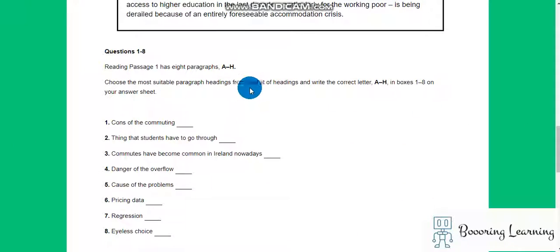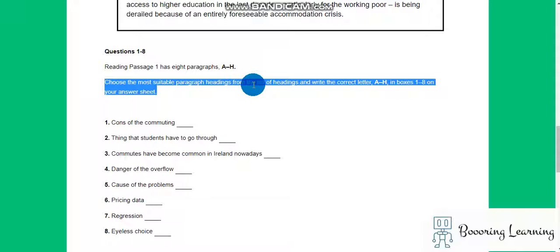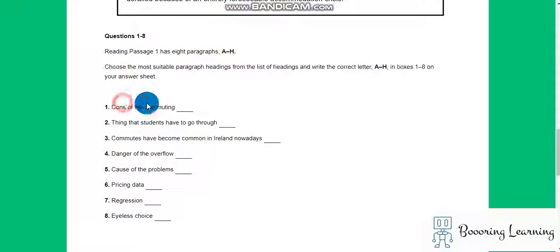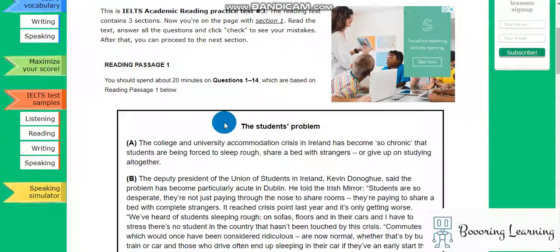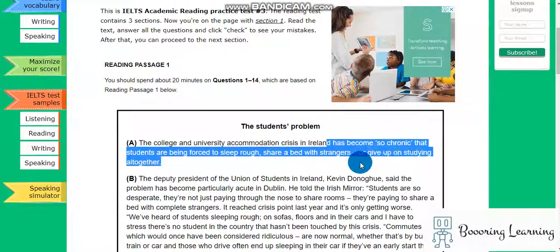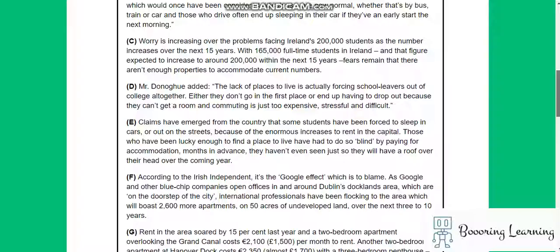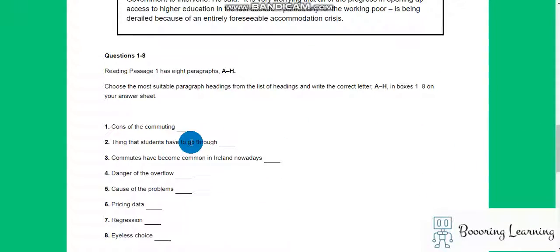Choose the most suitable paragraph headings from the list of headings and write the correct letter A to H in boxes 1 to 8. Okay, the first one: give up on studying altogether. Accommodation crisis. I have to go through.